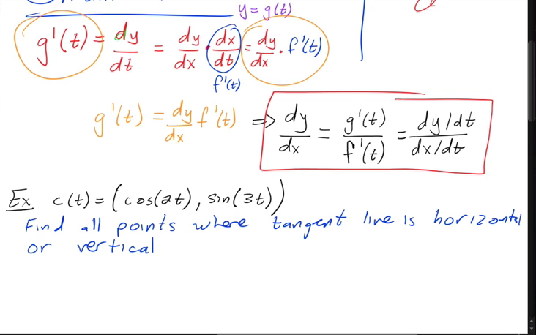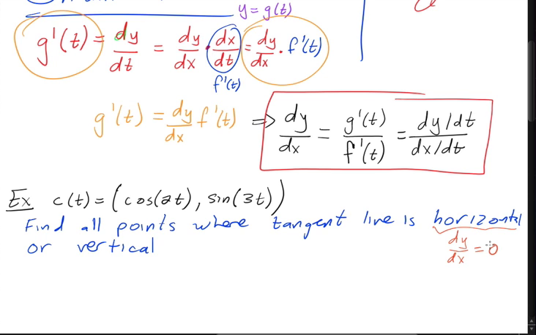Okay, so first off, what does it mean? How do you know that the tangent line is horizontal? If dy over dx is equal to 0. How do you know if the tangent line is vertical? Yeah, if you find the derivative, if you find the places where the denominator is equal to 0, then the slope of the tangent line is infinite, right?